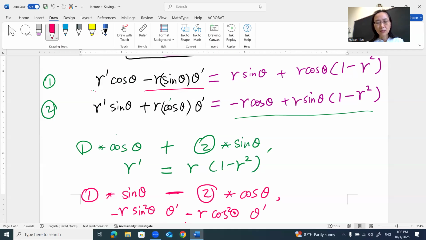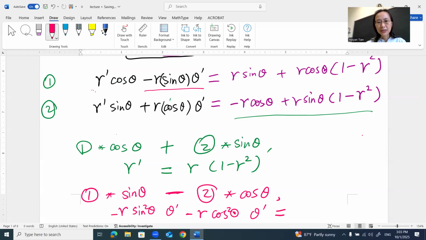After you factor out the common factors, you can use the Pythagorean identity, which is sine square plus cosine square, that is 1. So once you factor out the common factor, this equation's left-hand side will become very simple. And then let's look at the right-hand side.